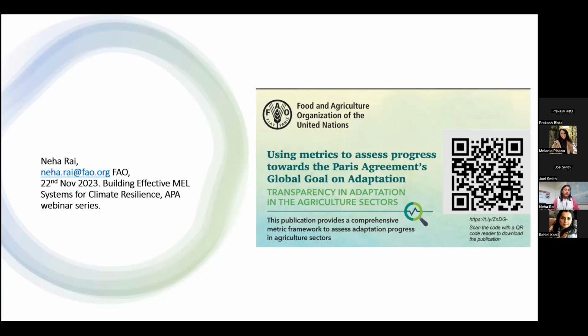So at FAO, we are trying to address some of these methodological challenges by introducing this adaptation metric framework that can help countries select specific indicators and metrics to assess adaptation progress within the agriculture sector using agriculture-specific SDG and DRR indicators, which Joe already mentioned we need to build on existing indices and indicators.